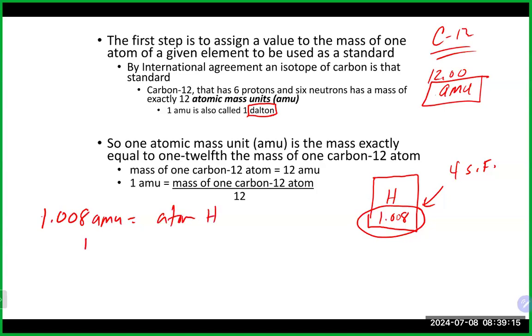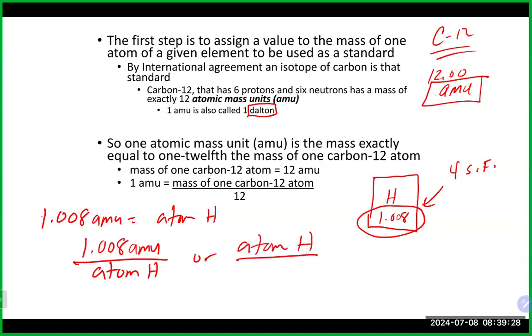You could use it as a conversion factor if you want to figure out the mass in AMU, or you can flip it around and do a little dimensional analysis and use it as a conversion factor in the other direction.